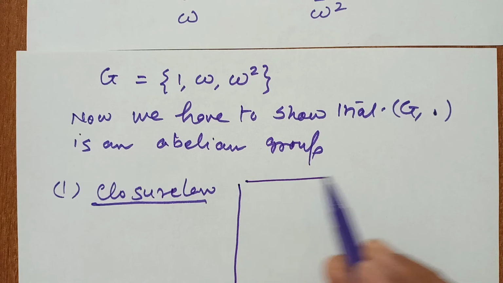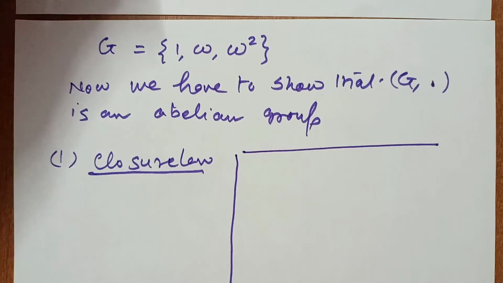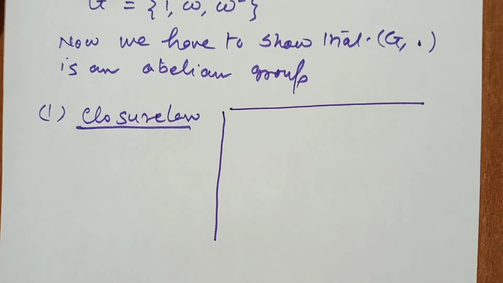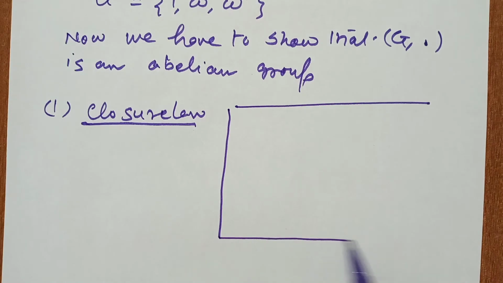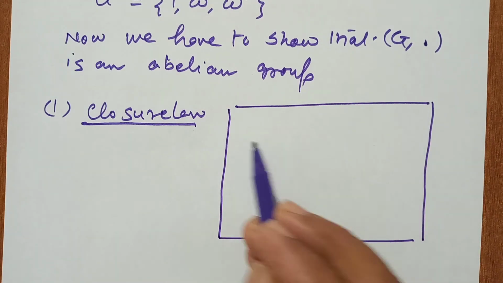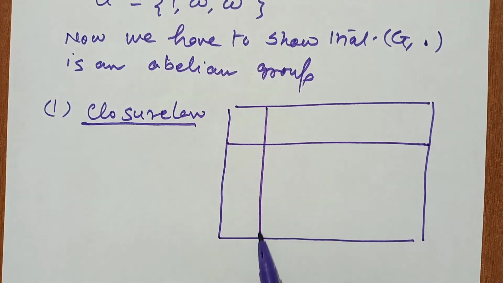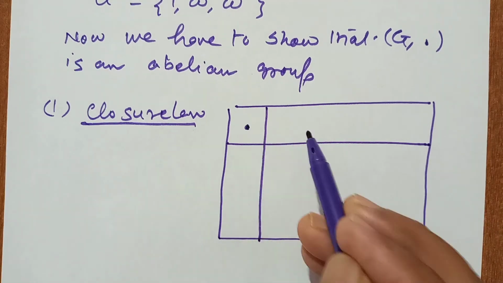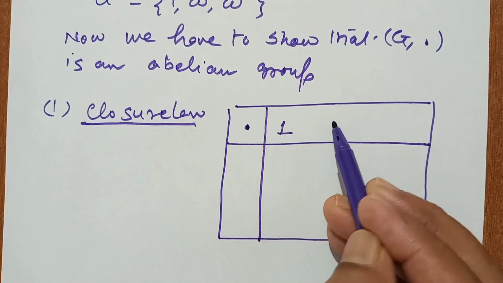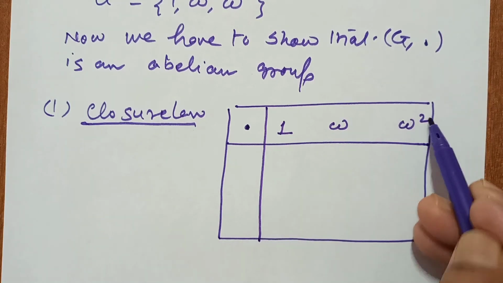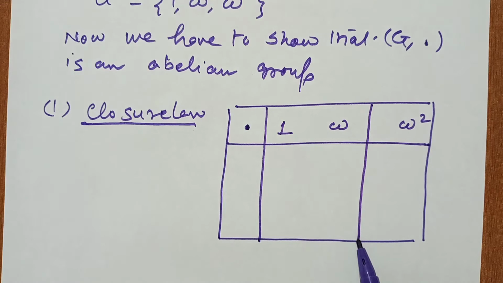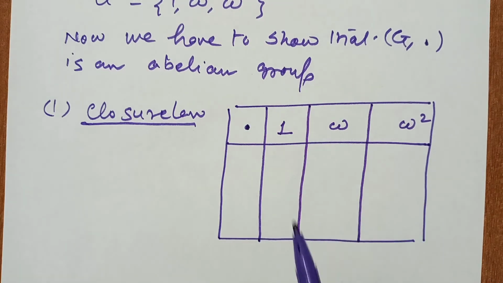This is a table, known as a group table. Here we take the operation, dot, and the elements 1, omega, omega square.